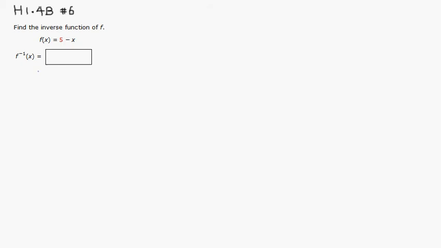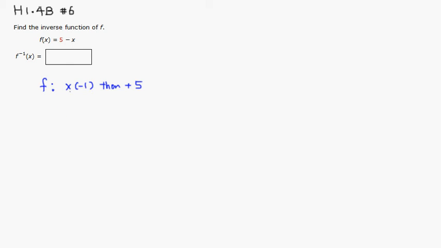So what f does is multiply by -1, right? Then add 5 to it, right? So that's basically what the original function f does.